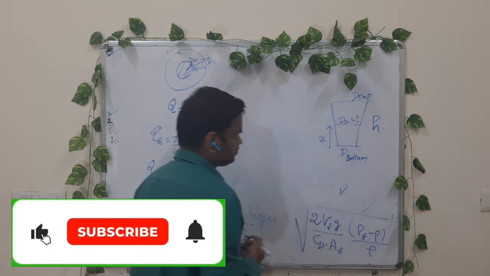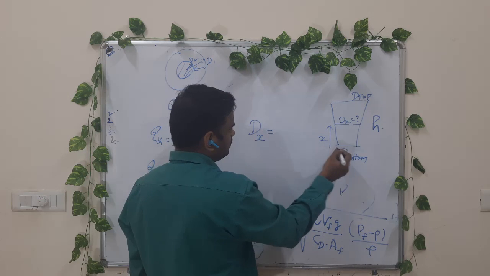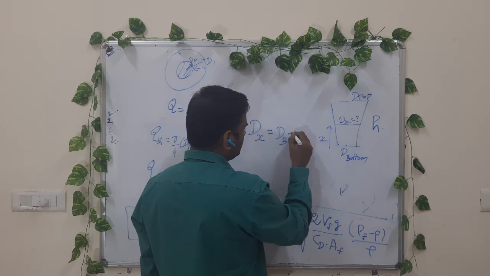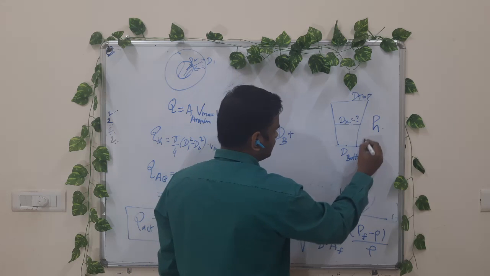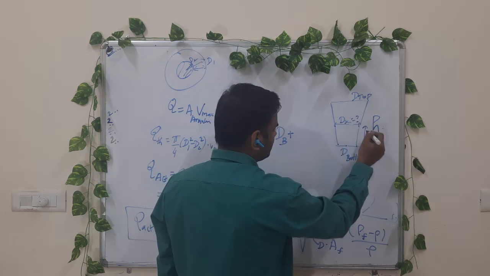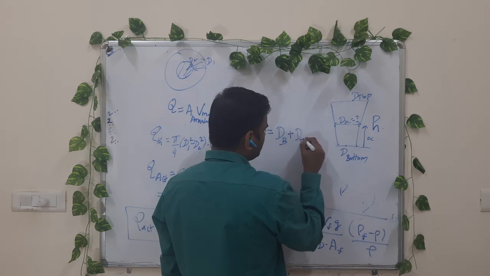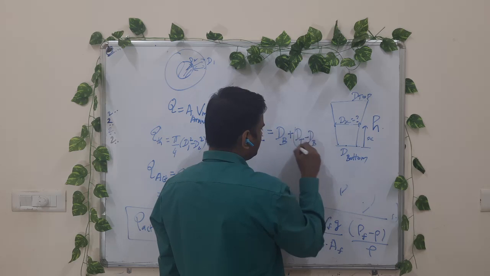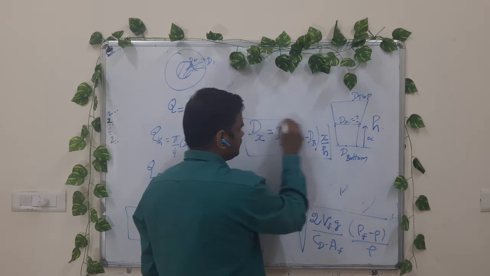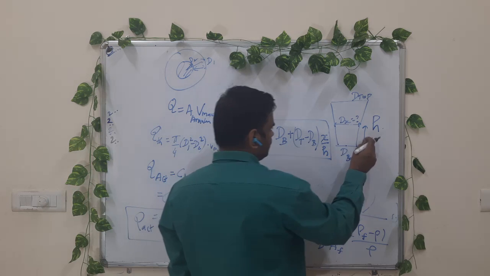The diameter at distance x is equal to the diameter at the bottom plus (diameter at the top minus diameter at the bottom) times x by H. This is the equation we use to find the diameter at a particular distance x.